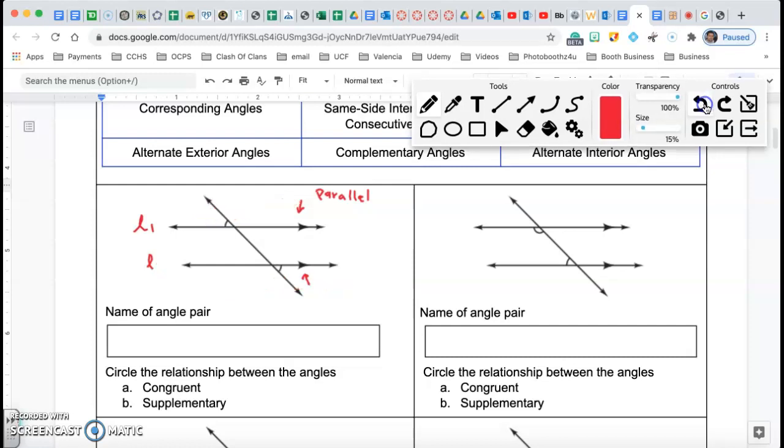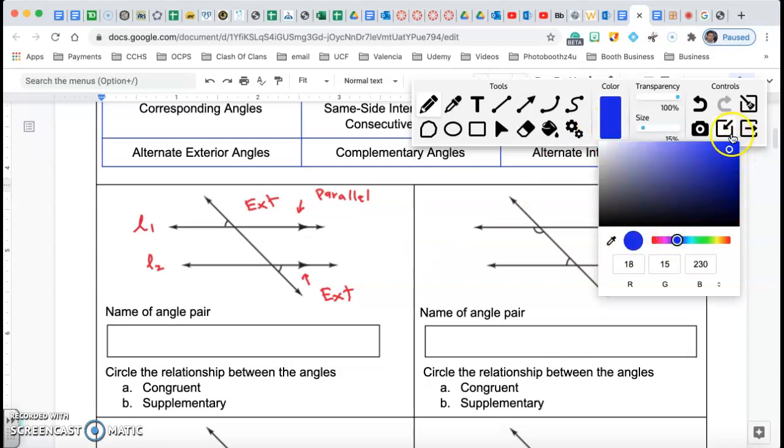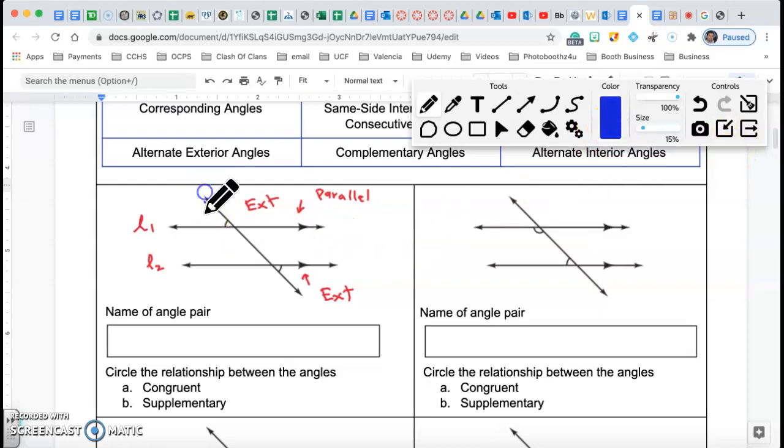How do we call these two? First of all, are they interior? No, they're exterior. They're on the outside. How do we know if they're on the same side or alternate? We have a line that is cutting my two parallel lines.